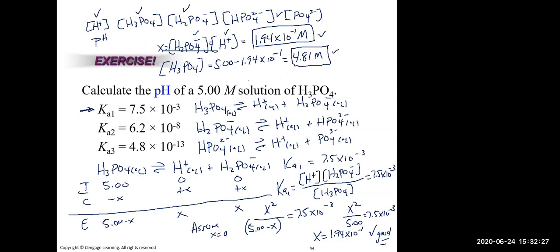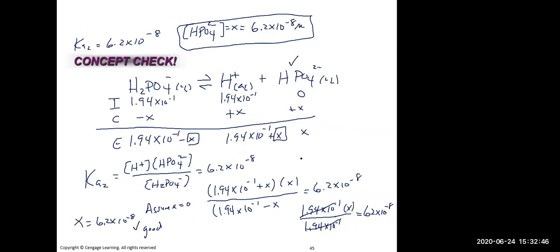Now, we do need to actually go to the third step because we are still looking for the phosphate, and phosphate only happens in that third step. So we will go through the third step now to see what happens for our phosphate. So let's go to maybe a fresh page. At this point, we're looking at this dissociation.